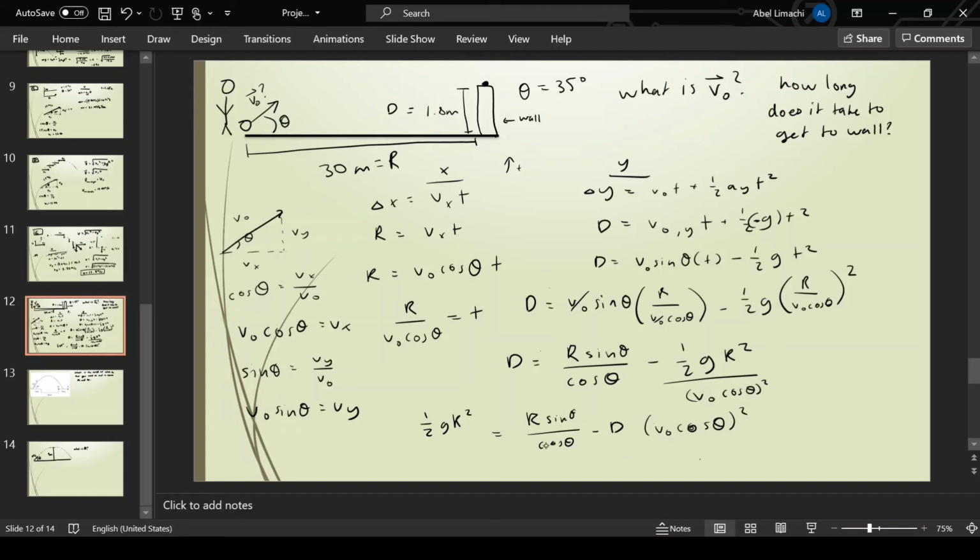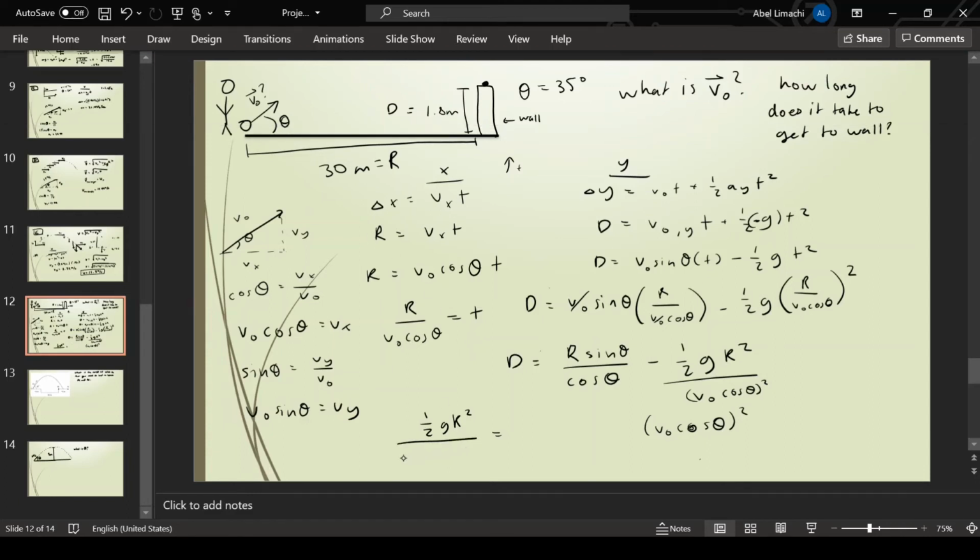Since these two are being multiplied together, you can divide by this entire mess. Oh my god, this is painful.